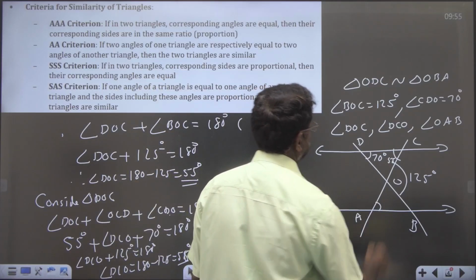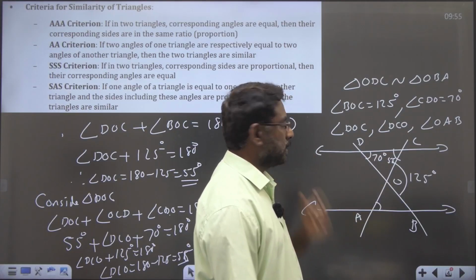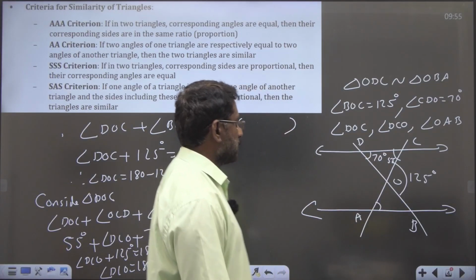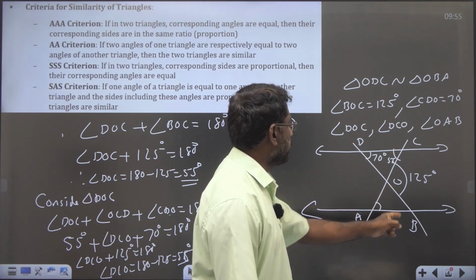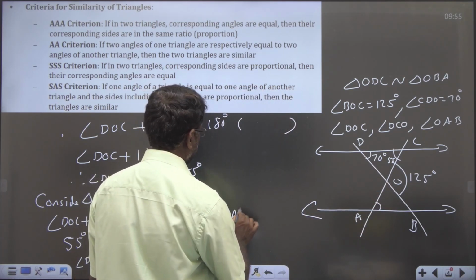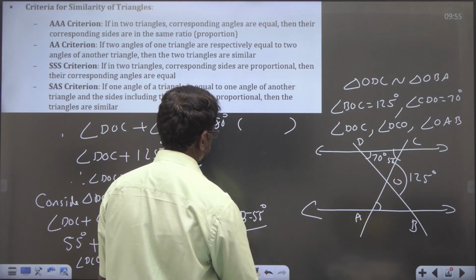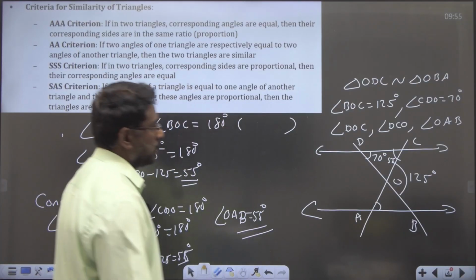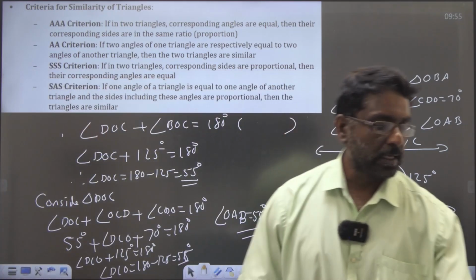These are alternate interior angles. So angle OAB will be also 55 degree, alternate interior angles.